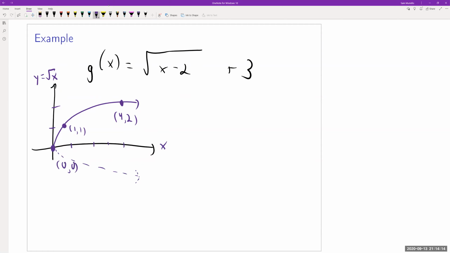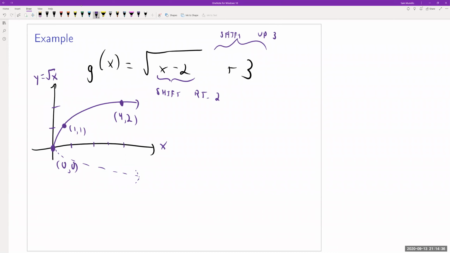What I can do to shift this graph is I can take a look at these pieces. x minus 2 would represent a shift right by 2. And the plus 3 would represent a shift up 3.